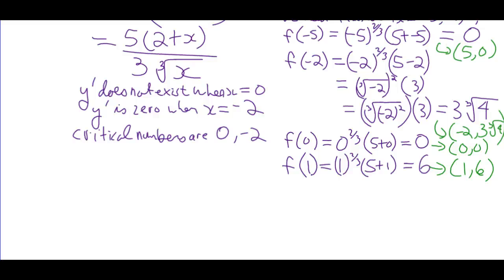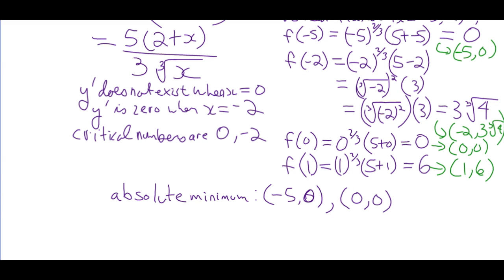So it's an absolute minimum at -5, 0. Any other absolute minimums? 0, 0. It's also local, but it's also absolute, because there's nothing lower than 0.